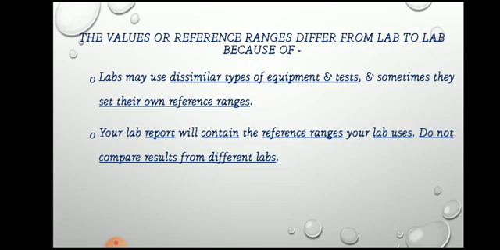Sometimes they may use different tests, because to detect some specific ingredient there might be different tests available. So due to that reason also they may vary. Another possibility is that they may set their own reference ranges, that is, the standard range or limits, which might be set by the lab itself.